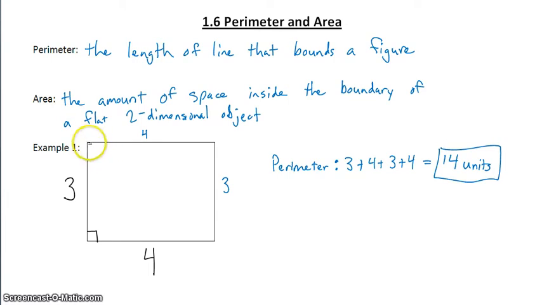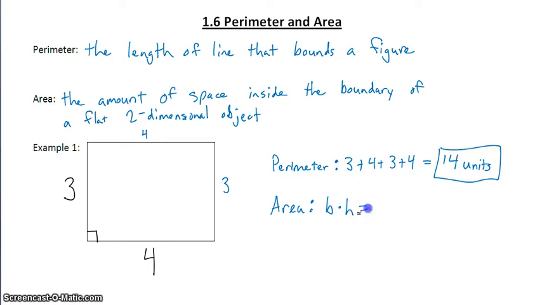Think of perimeter as the length of the line it took to draw this figure. If you laid all these pieces end to end, it would be 14 units long. The area is how many square units fit inside the object. To find the area of a rectangle, we take base times height.